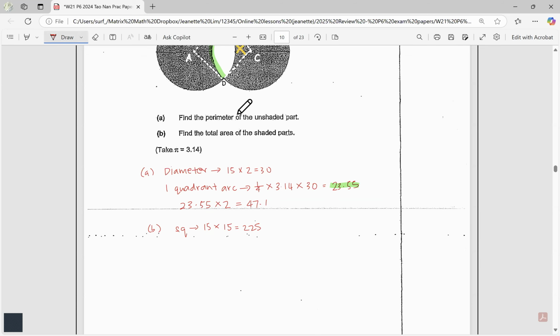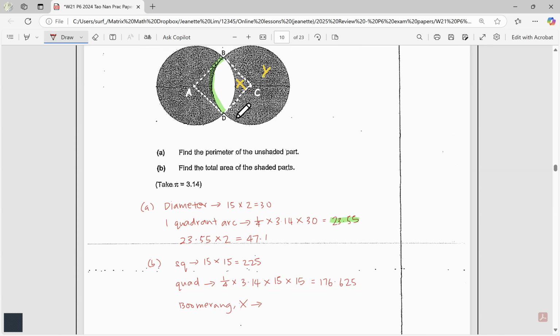Then a quadrant is a quarter times pi, which is 3.14, times radius times radius. That gives 176.625. So the boomerang, which is what we labeled as X, is square minus quadrant.